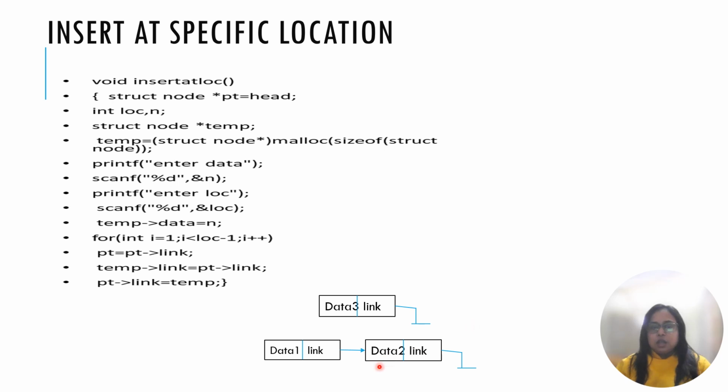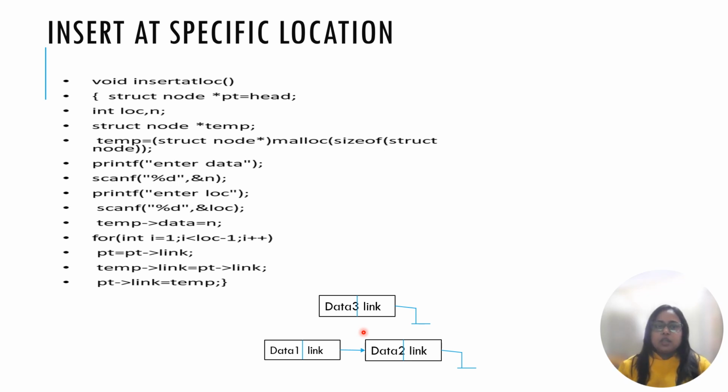Now insert at a specific location. For this case, suppose this is our list containing two nodes, and we want to add a node in between these two nodes. Then what do you have to do? Suppose your list contains n nodes. First of all you have to take the location at which you want to put your new node.